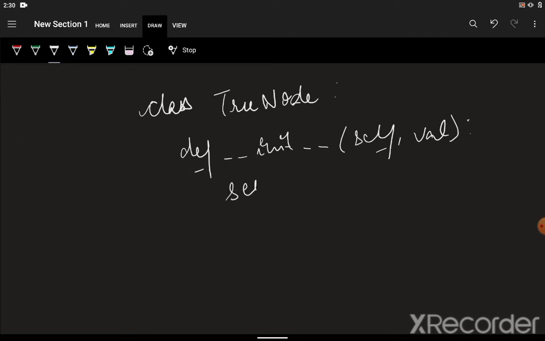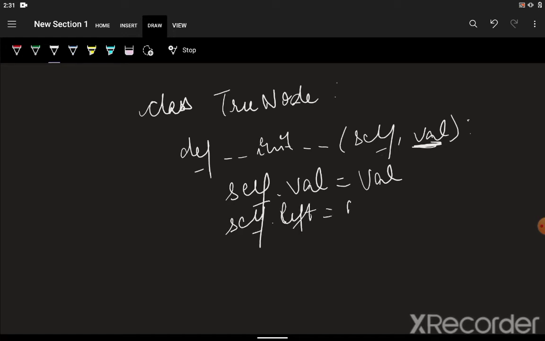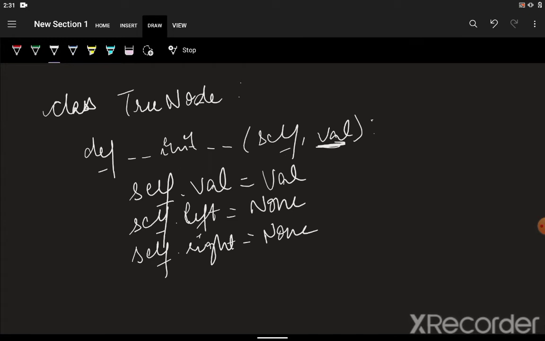Whatever value we are passing, we are assigning it to val. Initially the left child and the right child would be None. Obviously you have to create the connections, but initially when you're creating the node, both the left and right child will be None. So this is how your TreeNode class will be created.